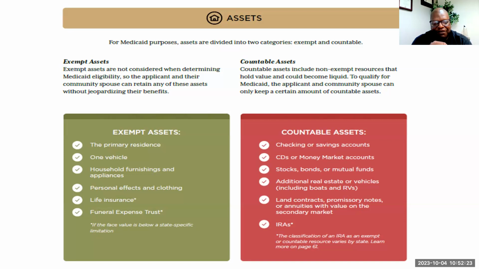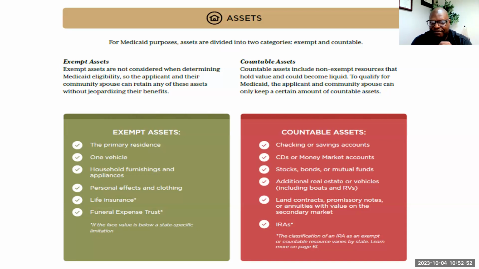And life insurance that's term is not considered an asset, so that's going to be exempt. But if you have a permanent policy, they will count the cash value above a certain amount. Depending on each state, they'll set that level. So if Mike had a term policy, we wouldn't need to worry about it at all. With a permanent policy, we then need to know how much cash value there is.